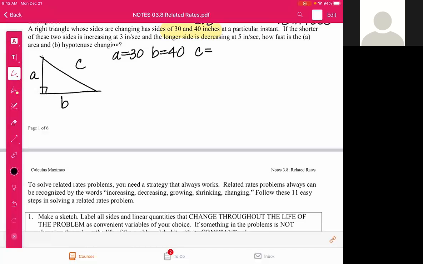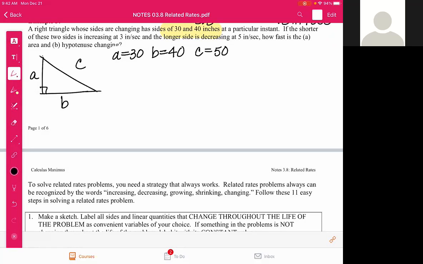Yep, good. 50. That's a 3, 4, 5 right triangle, and you can make it 30, 40, 50. You can make it 300, 400, 500. It doesn't matter. It's still a 3, 4, 5 right triangle. So put as many zeros as you want behind them. It'll still work out to be that every time.